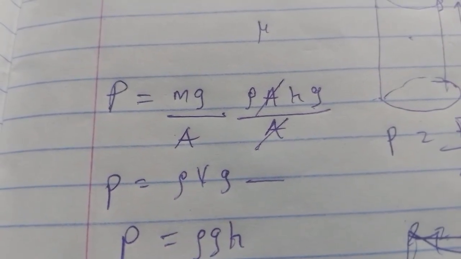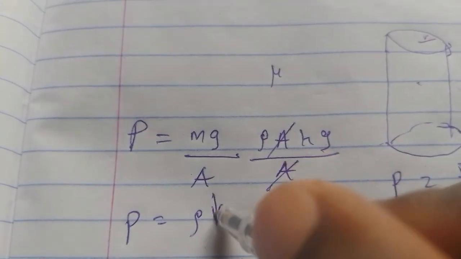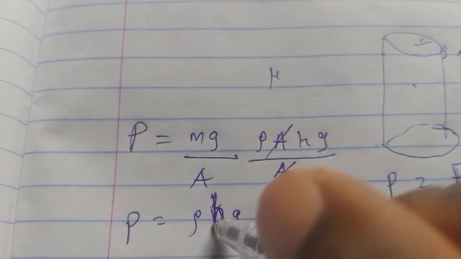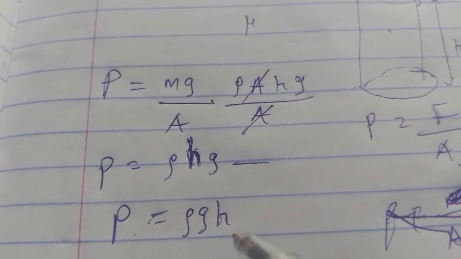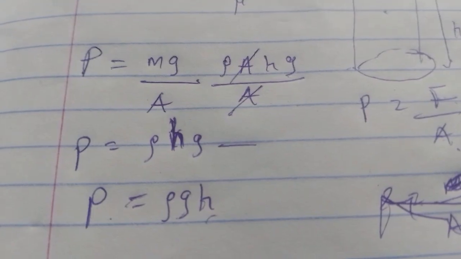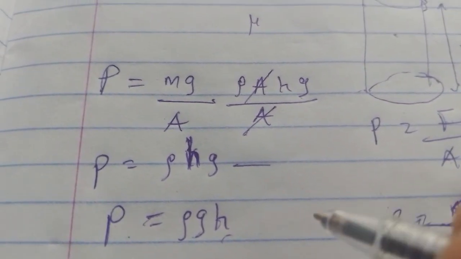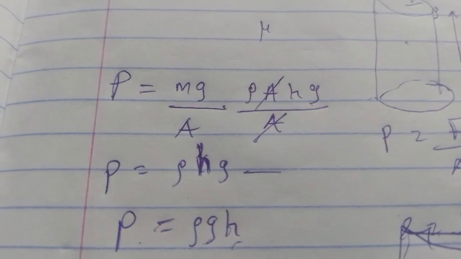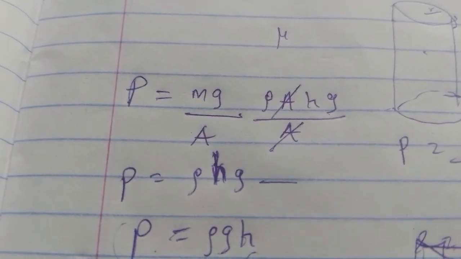I'm sorry, it's h. So pressure is equal to rho g h. We call this hydrostatic pressure.